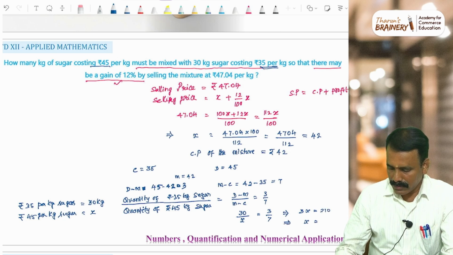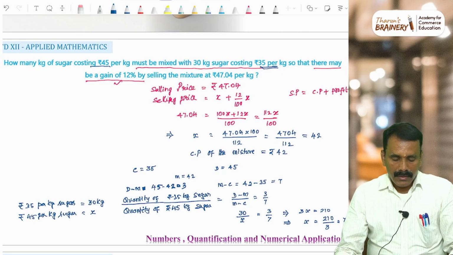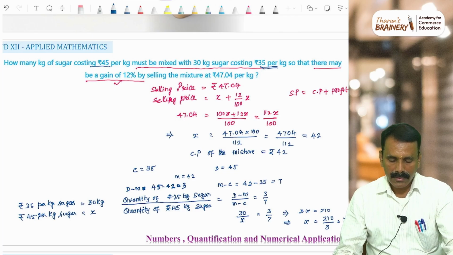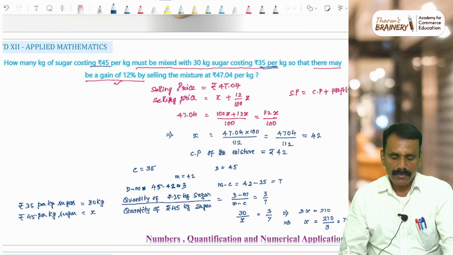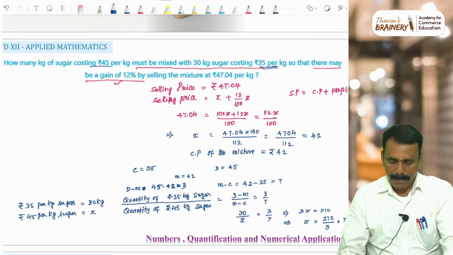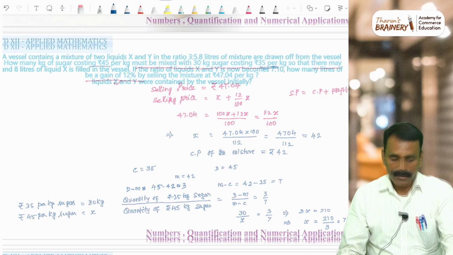So x is equal to 210 divided by 3, that is equal to 70 kg. So we must have 70 kg of rupees 45 per kg sugar mixed with 30 kg of rupees 35 per kg sugar.